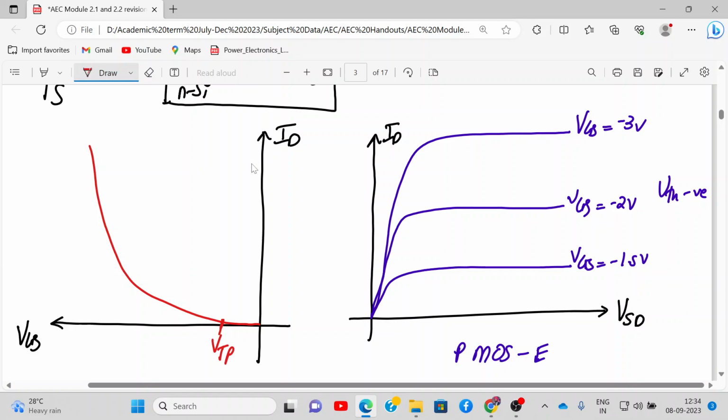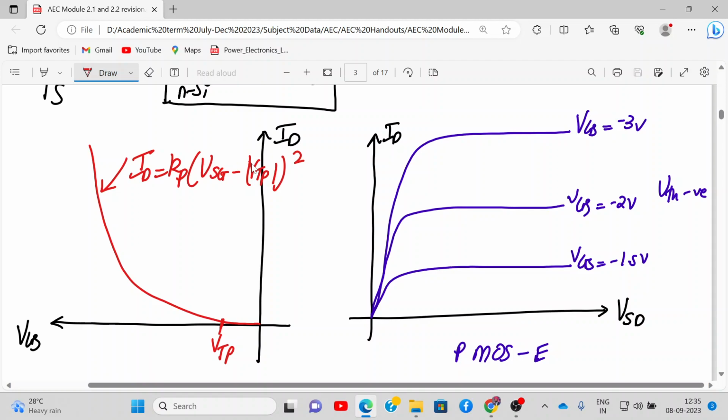Alright, this will be the graph, and this ID will be given by ID equals Kp times VSG minus mod of VTP the whole square. This is the equation of current. This is not so much utilized, but still I told you for your information.